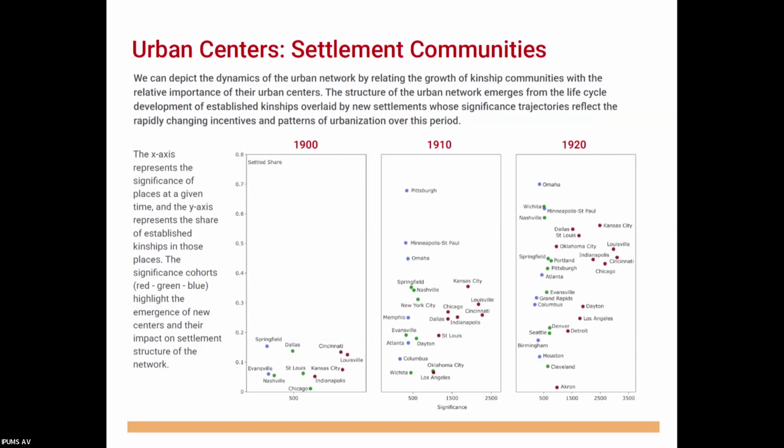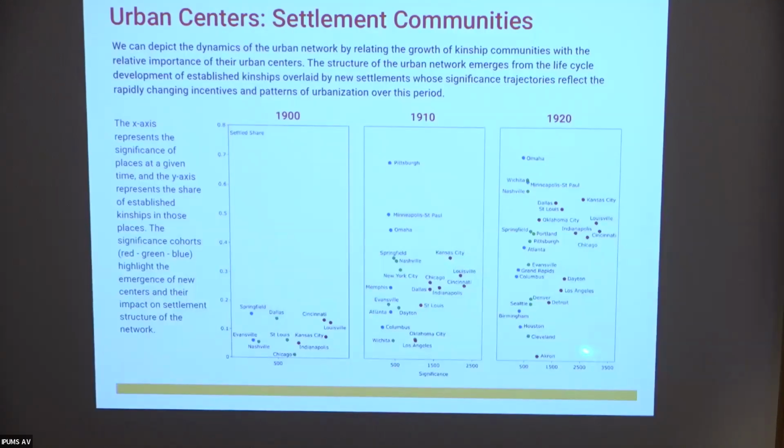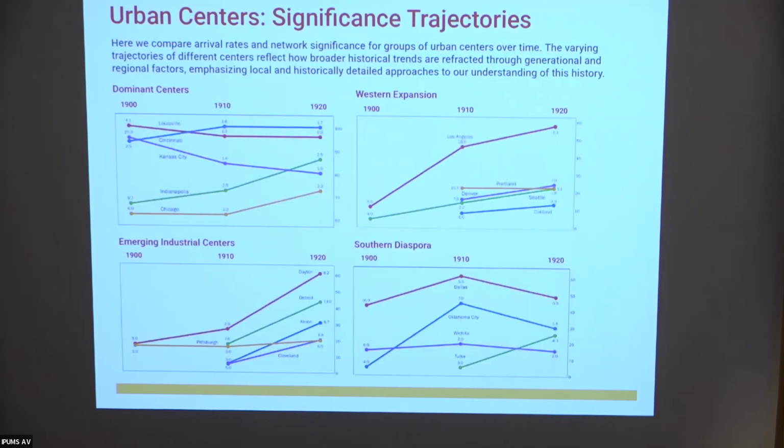The green and the blue represent smaller communities that are just coming out. And I'll add that in 1920, you not only have a lot more, but they change places. You have some places that grow, but you also have completely new places that have just appeared in this 10-year period.